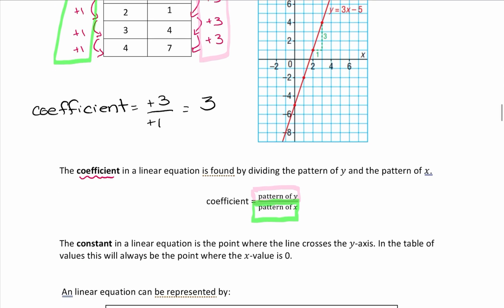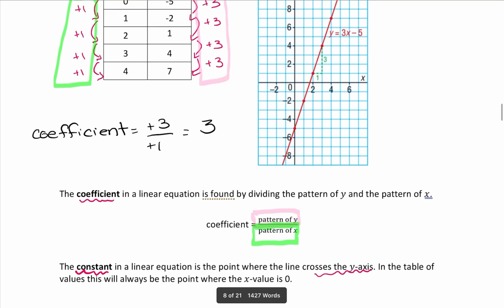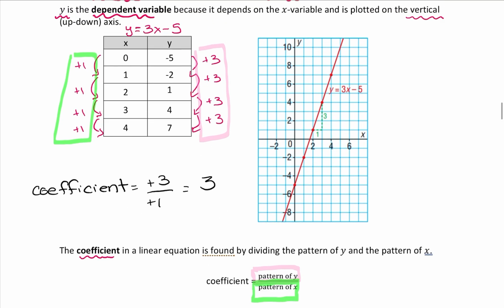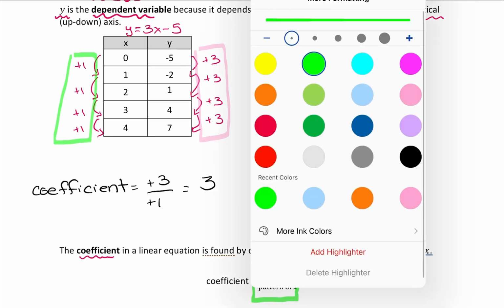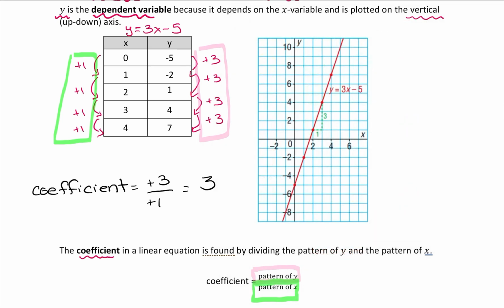The constant in a linear equation is the point where the line crosses the y-axis. So let's go back up here. Remember, the y-axis is the up-down axis. So this is my y-axis. I'm just highlighting it so that you know what I'm looking at. What we want to do is take the line, so in my case it's red, on your paper it's black.